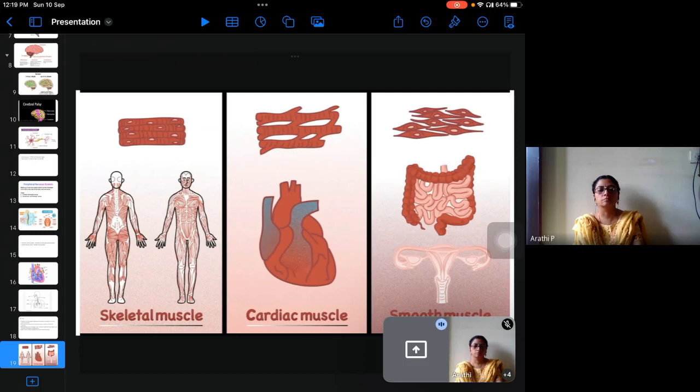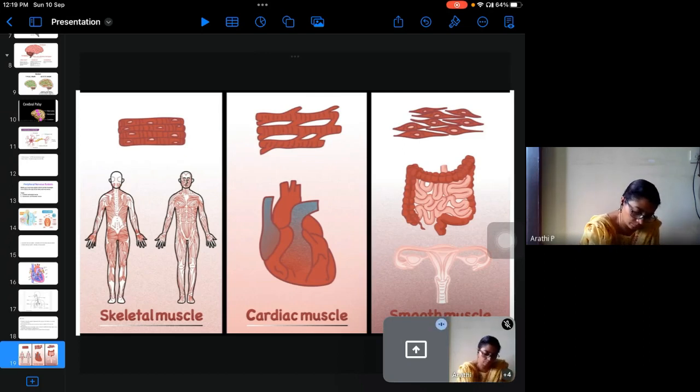Cardiac is more branched because it has to be very flexible, so it is branched in nature. Then smooth muscles, that is our organ muscles, are more like cakes. Okay, they are one on top of the other. They really don't have to stretch much. That's all. So one is stacked on top, striated.